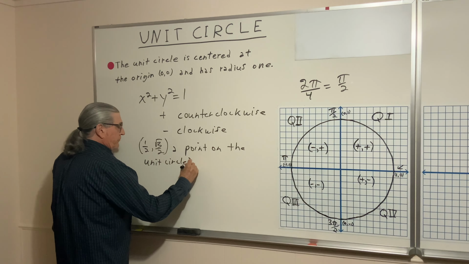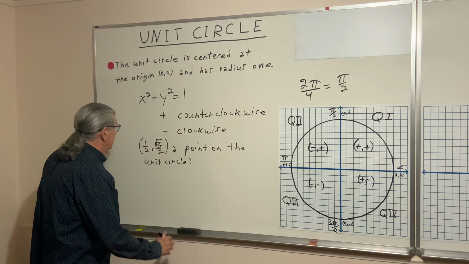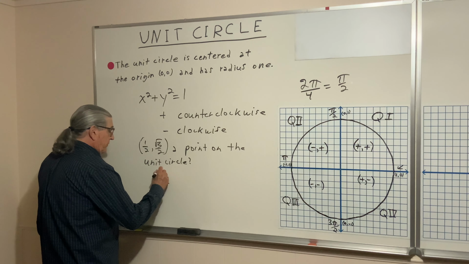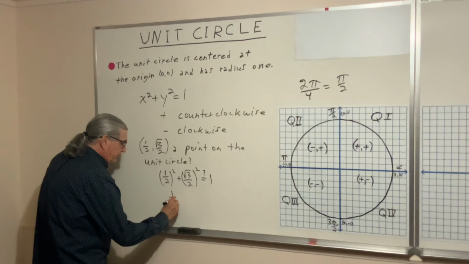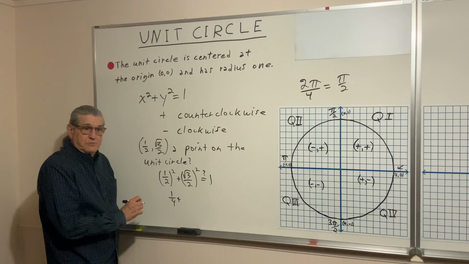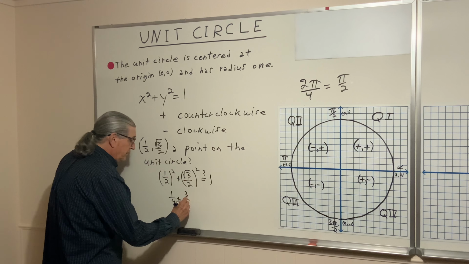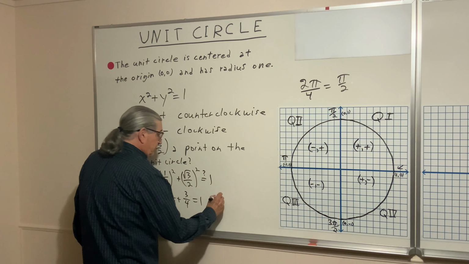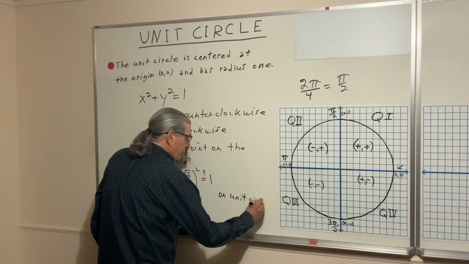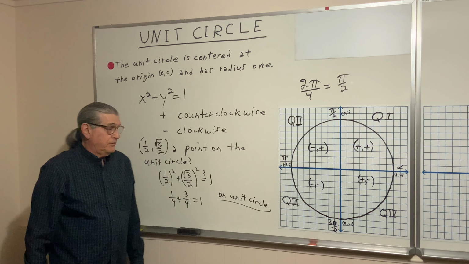Well, the way we can tell is if we add the squares of these, they better add up to 1. 1/2 squared plus square root of 3 over 2 squared, does that equal 1? And we see here, this is 1/4 plus the square root of 3 squared is 3, over 2 squared is 4, and this is 1. So this is definitely on the circle. It's on the unit circle.